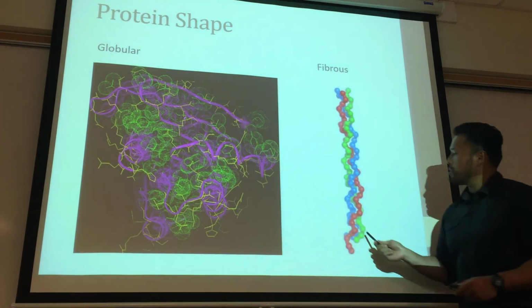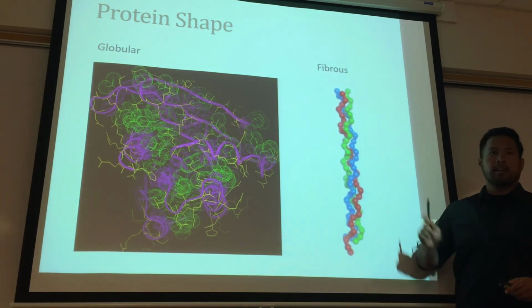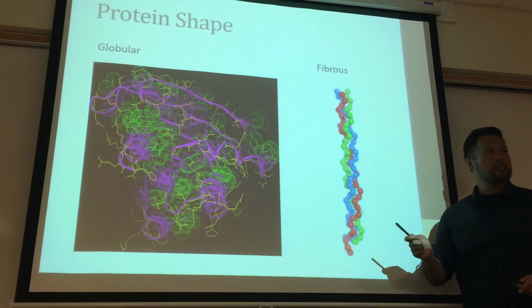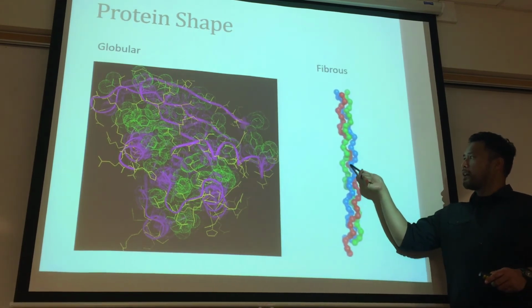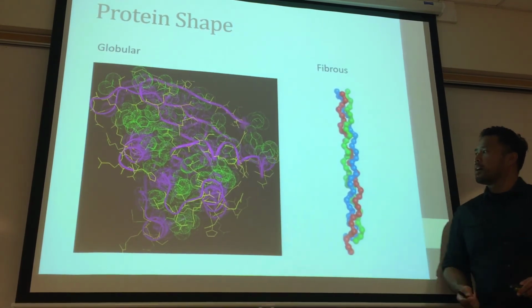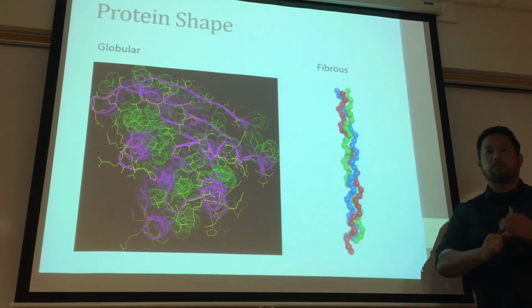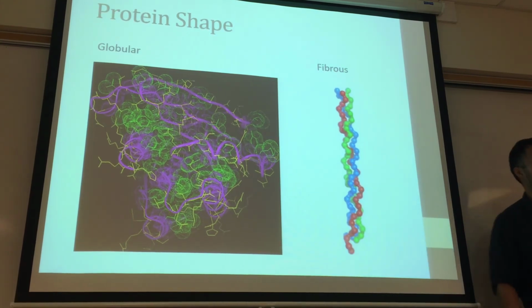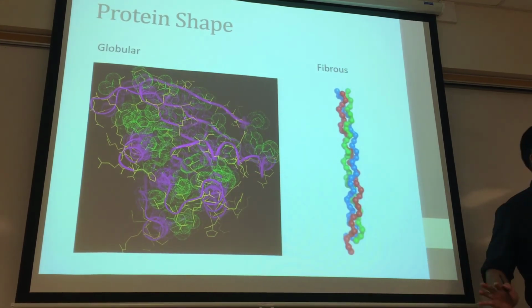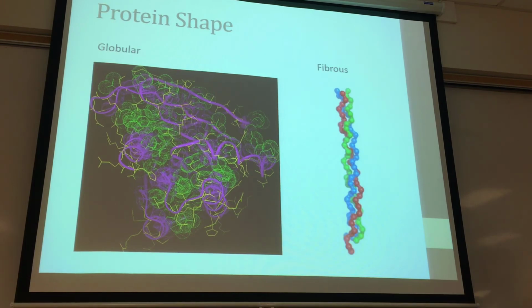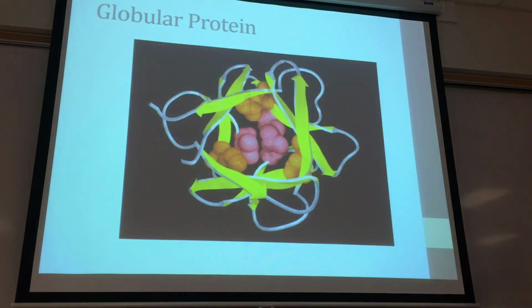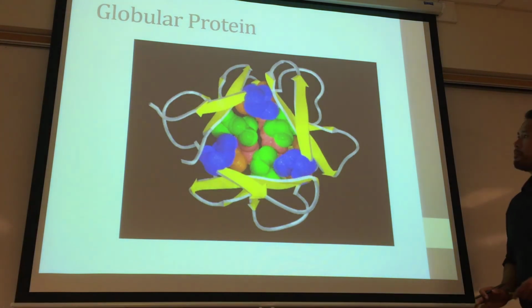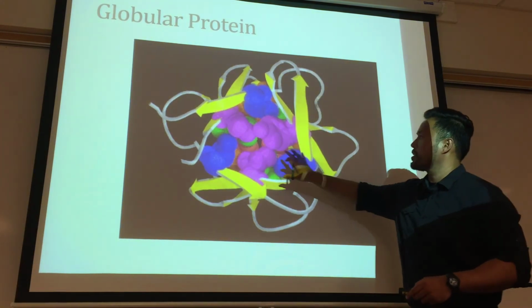In our fibrous protein, you can see 3 different subunits. How do I know? I see 3 different colors. And again, you'll have hydrogen bonding that will attach these structures together to lend itself to the shape of the protein. So the shape of the protein, again, determines its function. Same with this other globular protein. Same thing. You can start to see where different subunits come together.